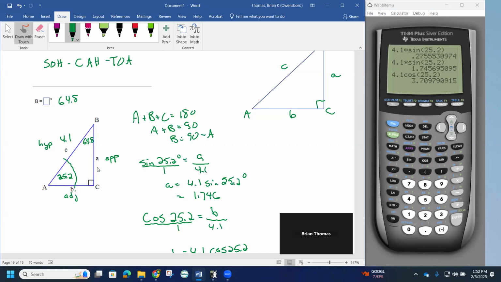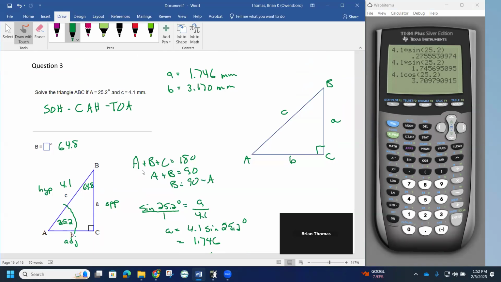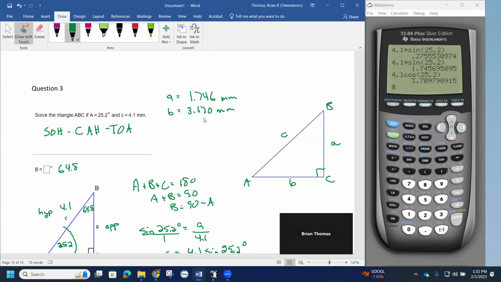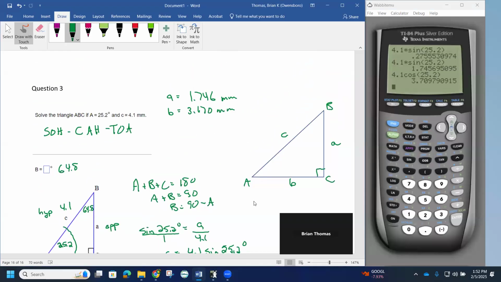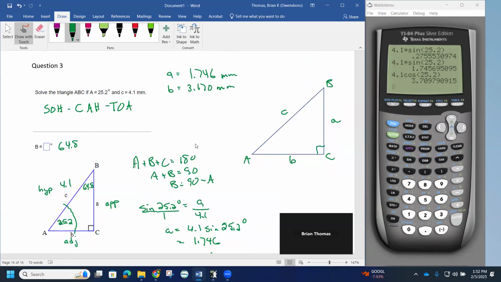So side A should be the smaller side. So this drawing is not really drawn very well, because 64.8 degrees creates a longer side. So those are some observations we can make. So those would be our missing pieces. The angle was 64.8 degrees, and then the two missing sides were A and B.